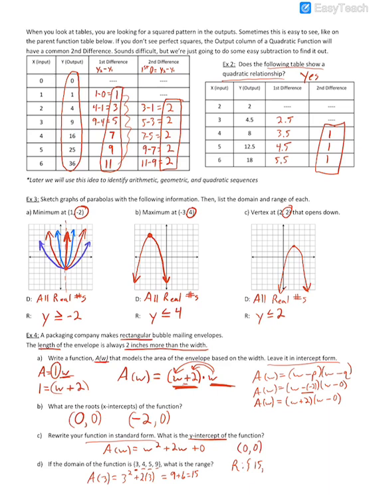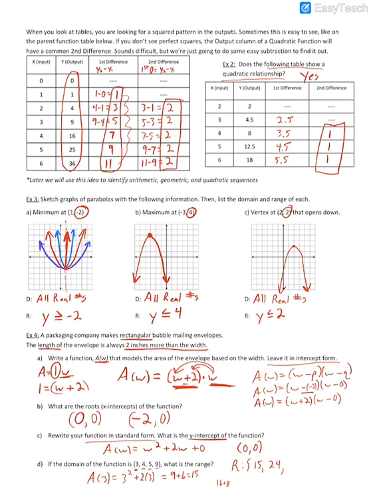If I plug in 4, let me do the work here. 4 squared is 16, 2 times 4 is 8. So we have 16 plus 8, which is going to be 24. Wait a minute. This isn't making any sense. Okay. Oh, that's right, because this is the area, not the length. Gotcha. Cool. We're good.